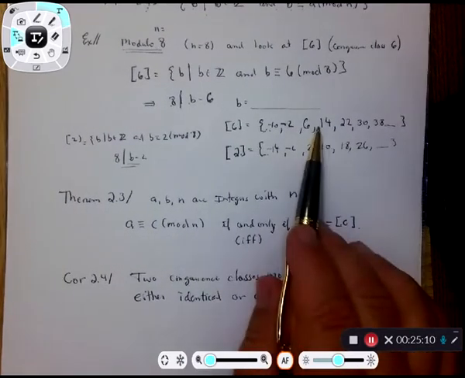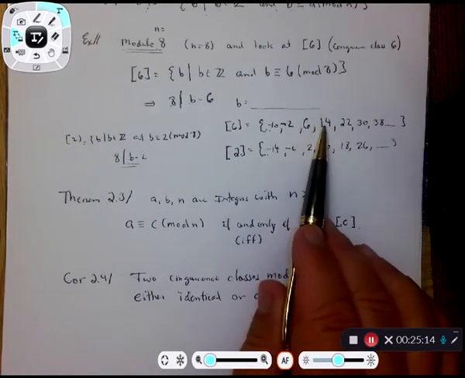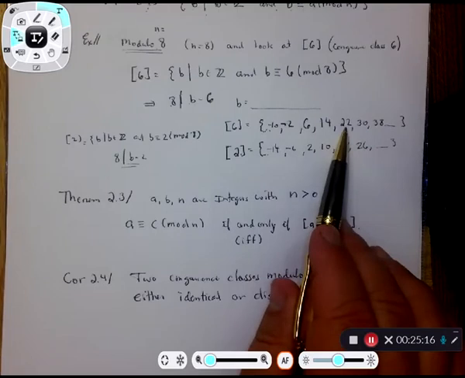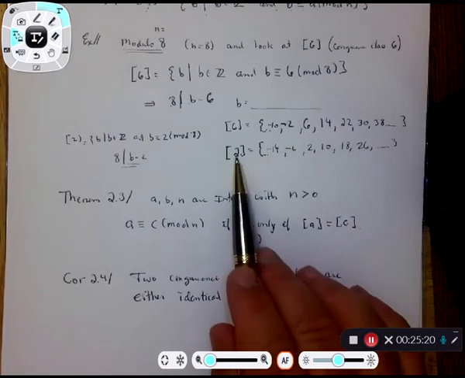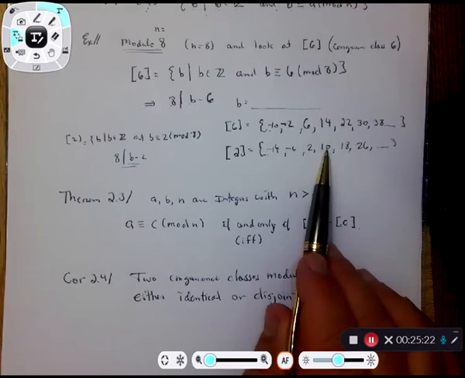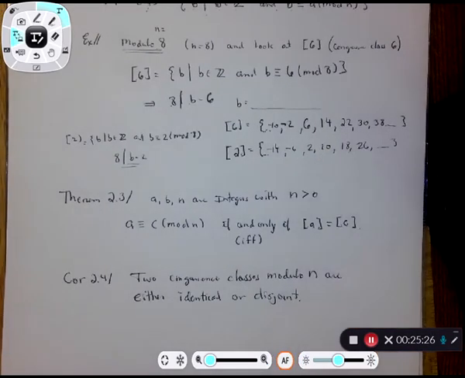And what that means up here is equivalence class 6 is the same as equivalence class 14, which is the same as equivalence class 22, which is the same as equivalence class -2. Equivalence class 2 is the same thing as equivalence class 10, equivalence class 18, equivalence class -6, and so on.